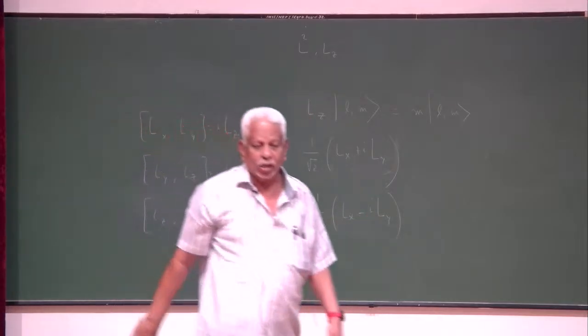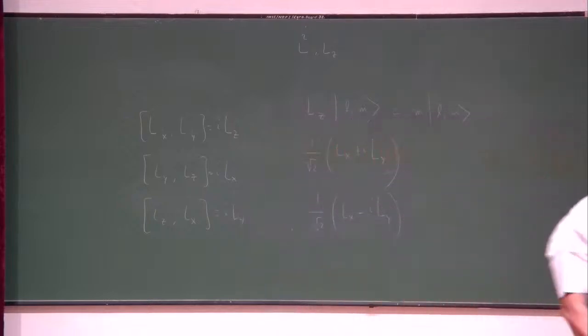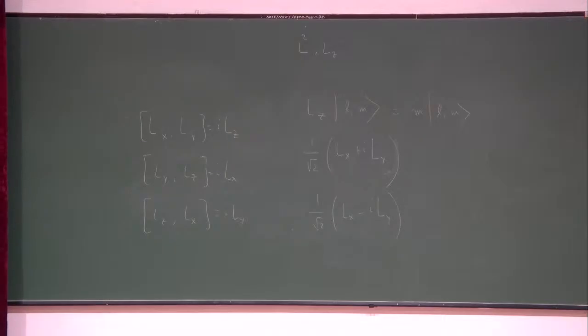These two are ladder operators. Why are they ladder operators? They take any state with value m one step up or down, to m plus 1 or m minus 1. Yes, any question? So, it is a ladder operator.